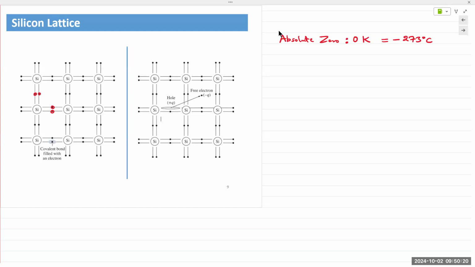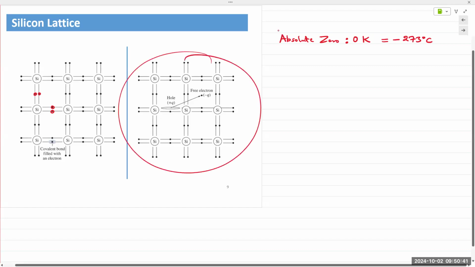So it's free to move around the structure, but it hasn't left. So the total charge is still neutral in that structure. This is important to remember, because when we add impurities to this material, that's going to be different. We have extra positive charges and then extra negative charges. But just because the electron moved out, the overall charge in here is completely neutral.